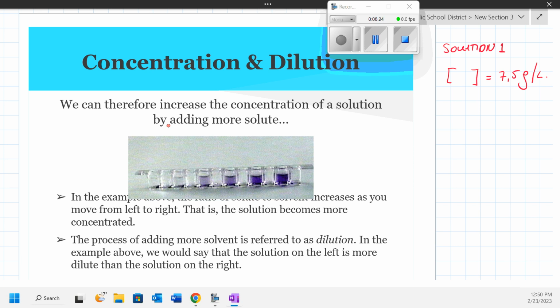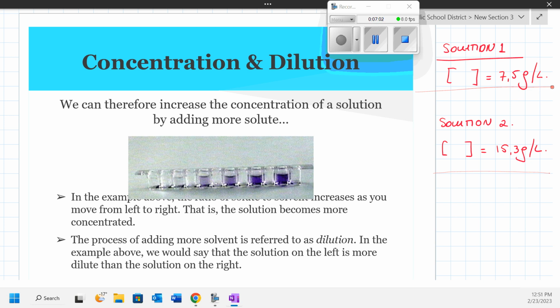And side by side, you have solution 2 with a concentration of 15.3 grams per liter. That means that solution 1 in comparison to solution 2 has less.